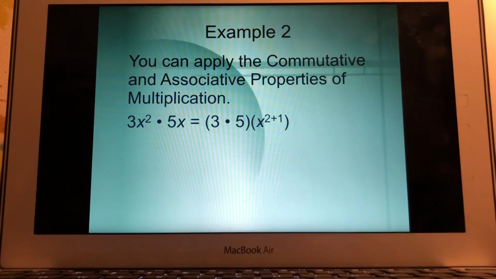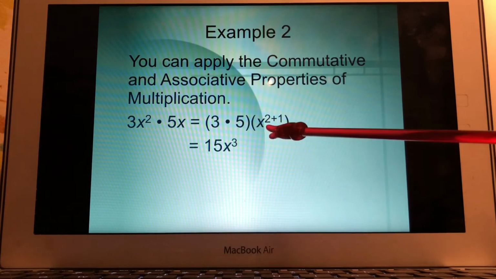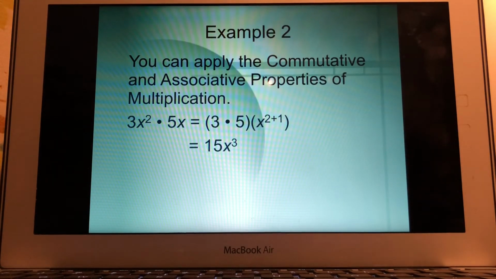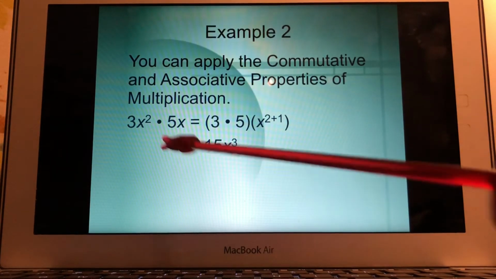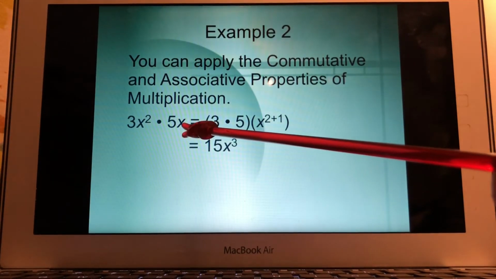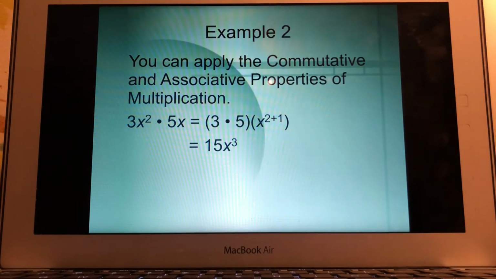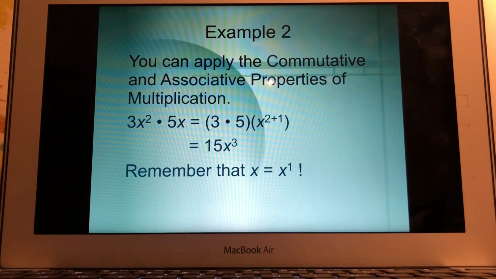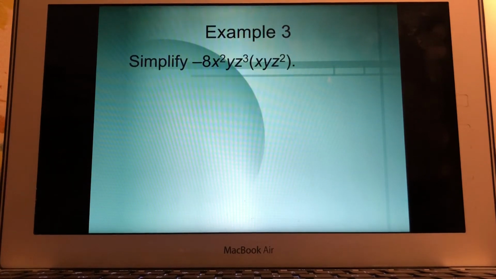Now I can simplify from here, and I'm going to have 15x cubed. So that's all it is here. 3 times 5 is 15, and then x squared times x to the first power is 2 plus 1 equals 3, x to the third power. Remember that x equals x to the first power. Don't forget that.